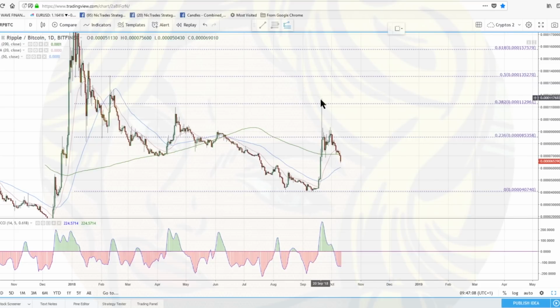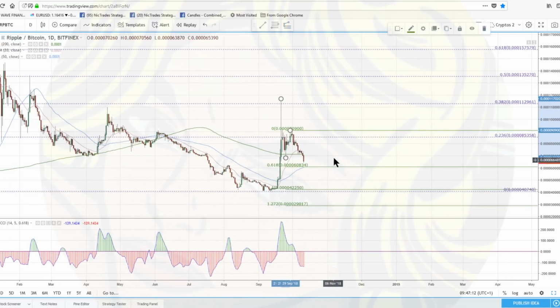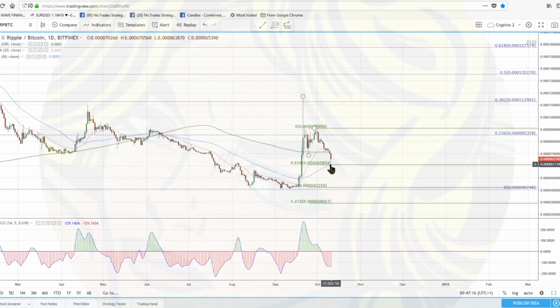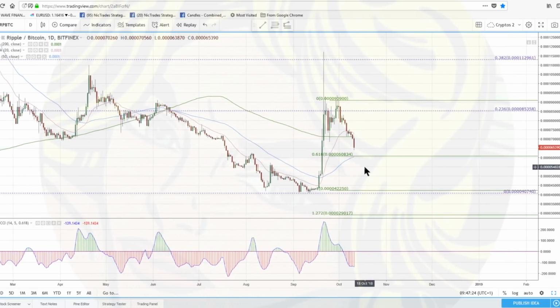If we measure the moves or look for equal measured swings in this one, our first support for Ripple Bitcoin comes in at 68.34, and that's where the daily 50 moving average is as well. So against Bitcoin, it looks like in Ripple we have a little bit further to fall, so we're not quite ready to turn yet.